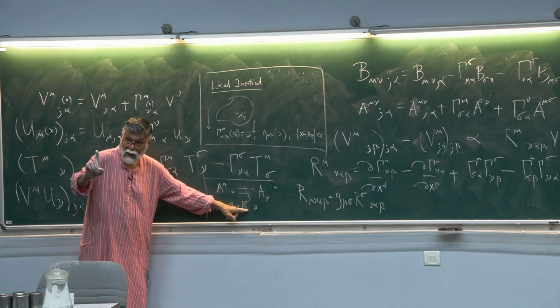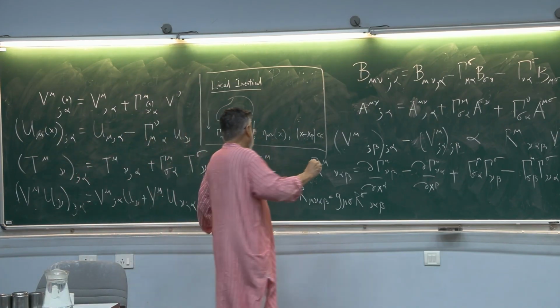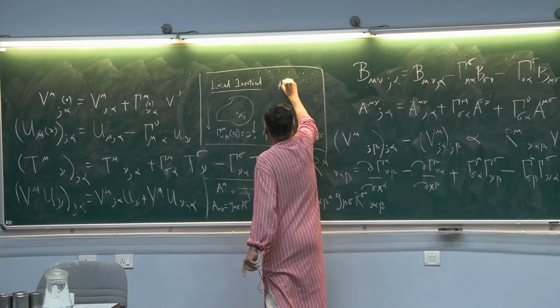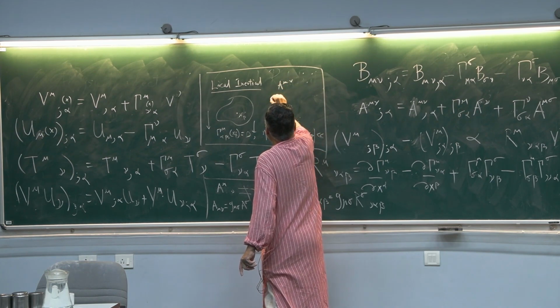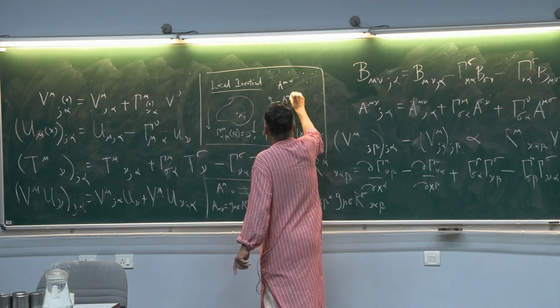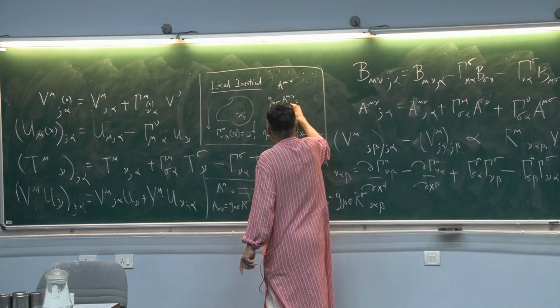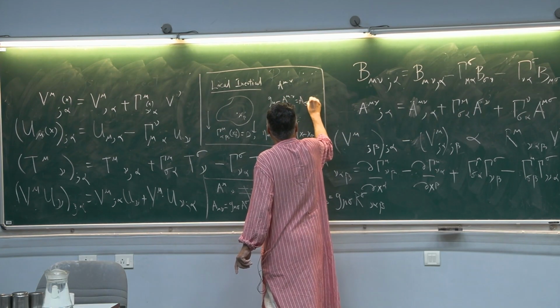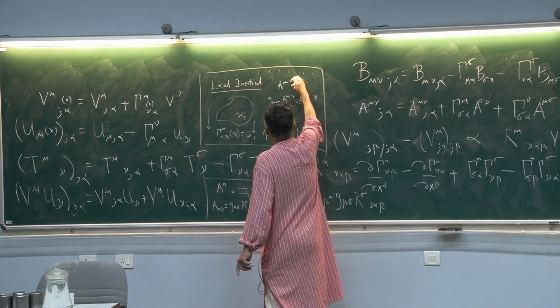Supposing I had an object like this, then if I put G mu sigma A mu nu, mu has been lowered, it will be A sigma nu. But I could have lowered nu also.